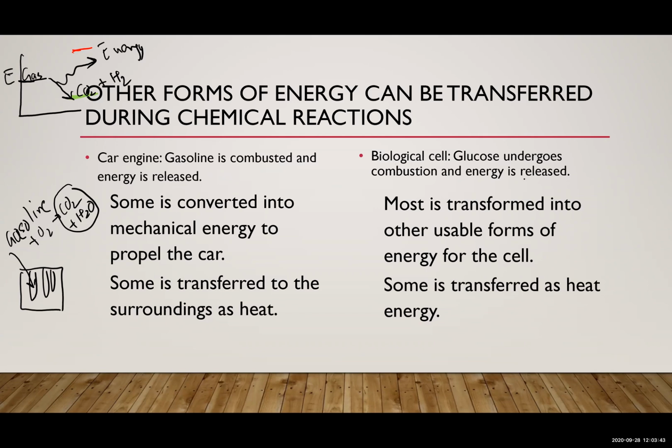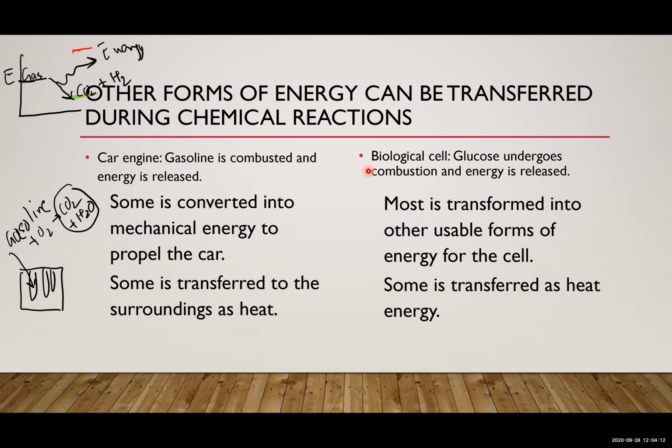Similarly, in a biological cell, glucose undergoes a reaction when you consume food. When you metabolize your food, you break down glucose molecules. So it's also kind of a chemical reaction. Glucose molecules get changed into smaller molecules, and at the end the products will again be carbon dioxide and water.